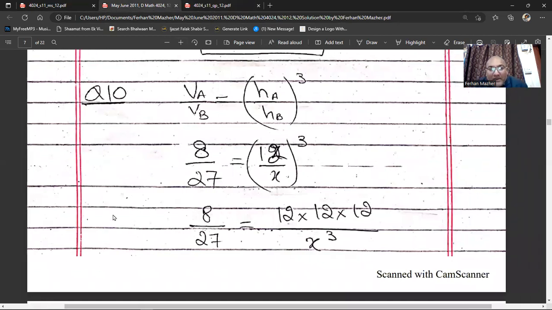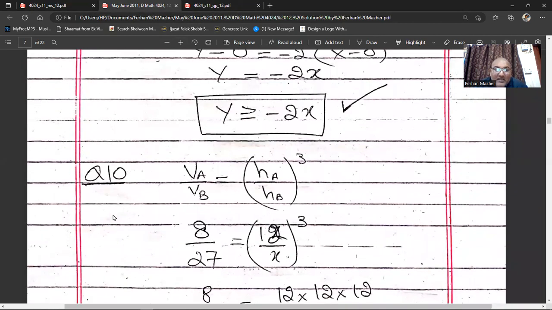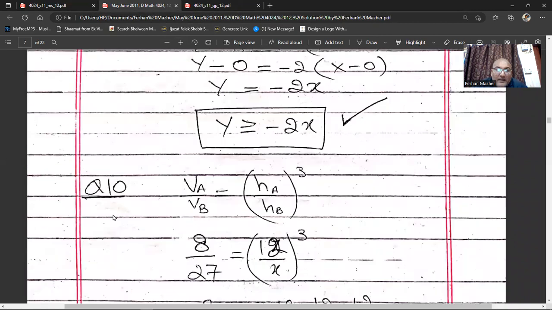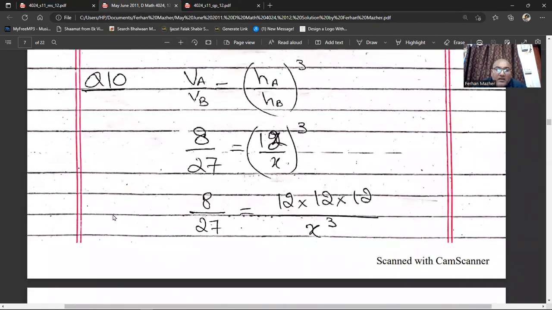So volume A by volume B is given, that is 8/27. Height A is 12 and height B is x, so 12 by x whole cube. So 8/27 equals 12 cubed over x cubed.